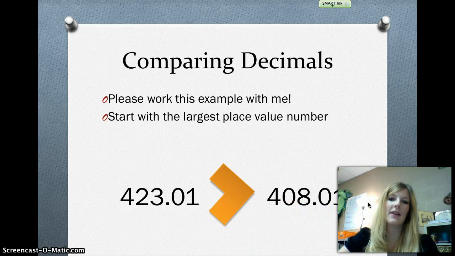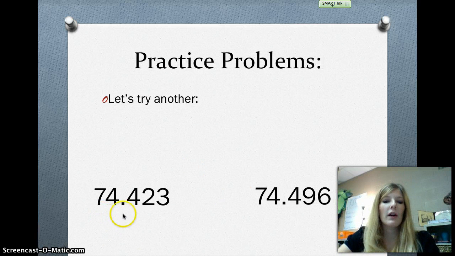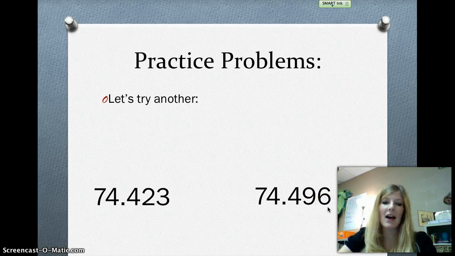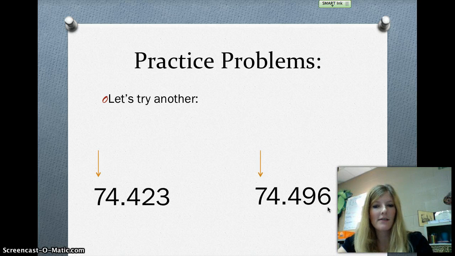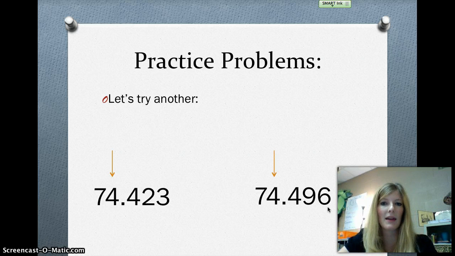Let's do another one together. Okay, so I have 74 and 428 thousandths. And 74 and 496 thousandths. So we're going to start with the 7 and the 7, which is larger. They're the same. So we move on to the next one. 4 in the ones place and 4 in the ones place. They're the same.